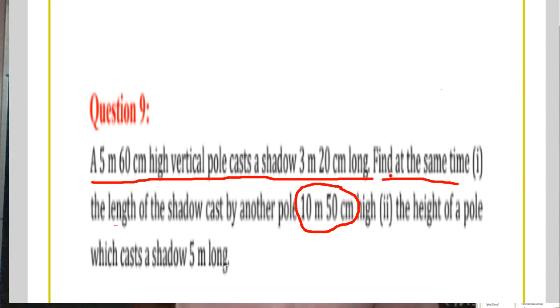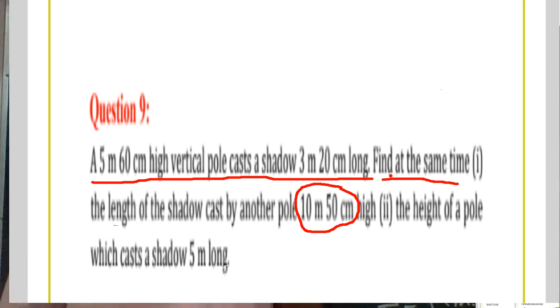So you can see this is a case of direct proportion, because if the height of pole increases, the length of shadow also increases. If the height of pole decreases, the length of shadow also decreases. So this is a case of direct proportion. Okay, so you can easily find this question by direct proportion.